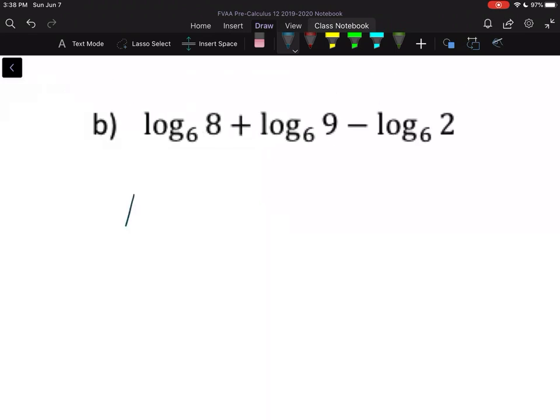All right, so I'm going to change this to log 6 to the 8 times 9 divided by 2. All right, and so log 6 to the 8 times 9 divided by 2, so 72 divided by 2 is 36.